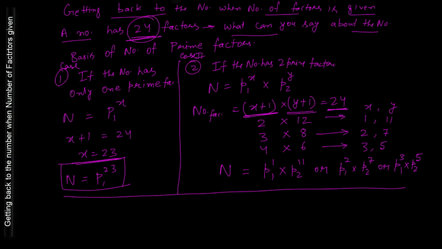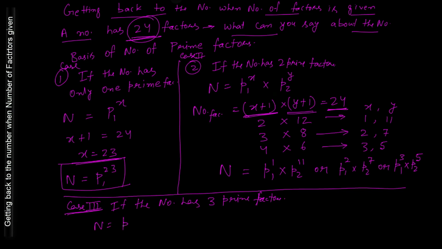What if the number has three prime factors? Let's say case 3. Depending upon the question, you will have to decide whether we need to consider all cases or any one specific case. If the number has, let's say, 3 prime factors, then the same process, I think I'll directly write it.